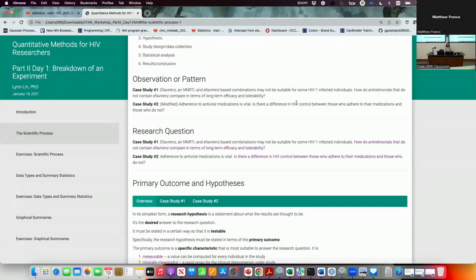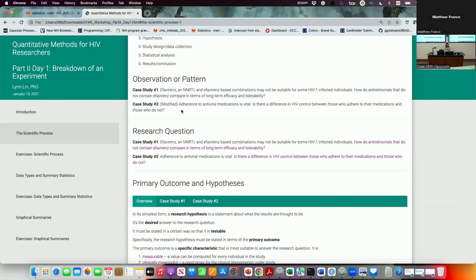Based on this observation, one natural research question was: what if we use a medication which doesn't contain this particular drug, how would that compare with medication that has it, in terms of long-term efficacy and tolerability? So this is one example of how people generate their research question.